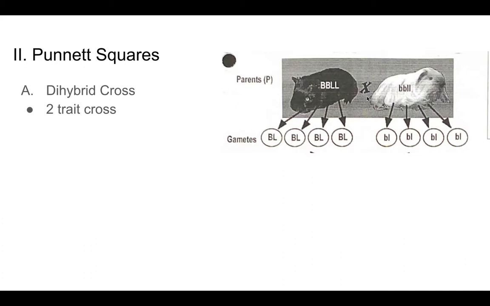One trait is the color of the guinea pig: one option is black and one option is white. The second trait is the length of the hair of the guinea pig: one option is short hair and the other option is long hair.